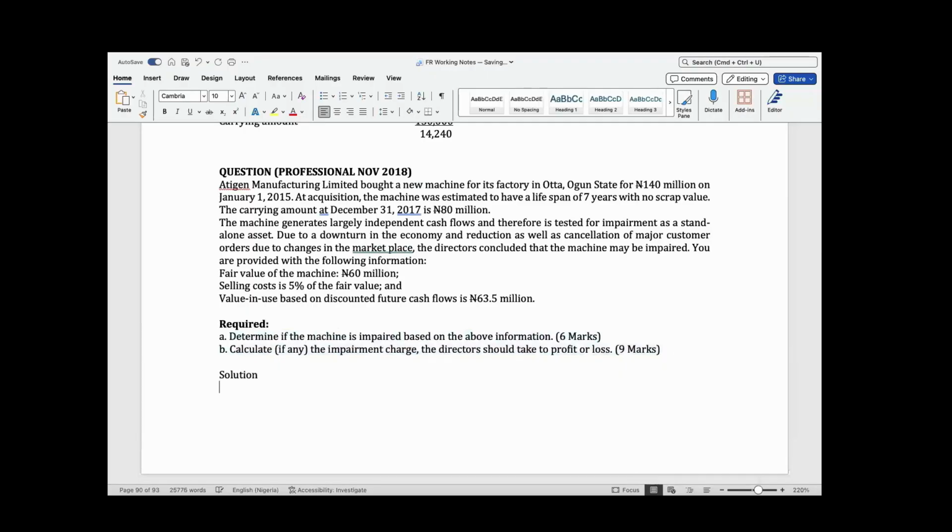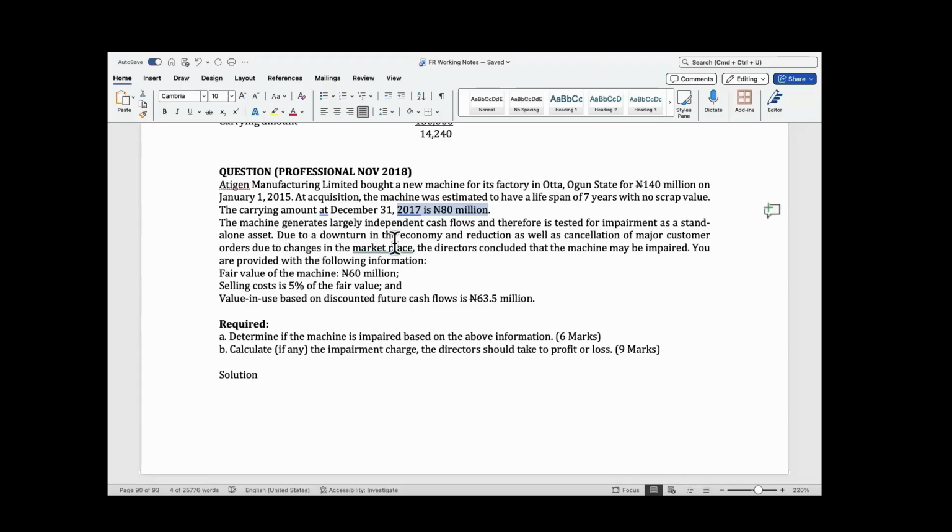So to answer this one will be much of explaining how impairment is computed. As you can see, the cost of the asset is 140, the useful life is 7 years, and the carrying amount is 80. So they give us the carrying amount straight on.